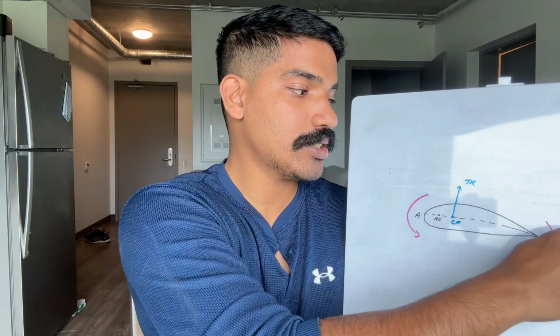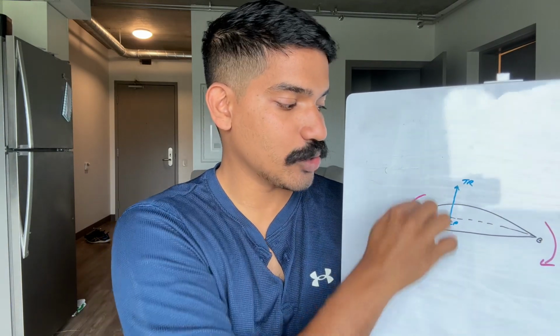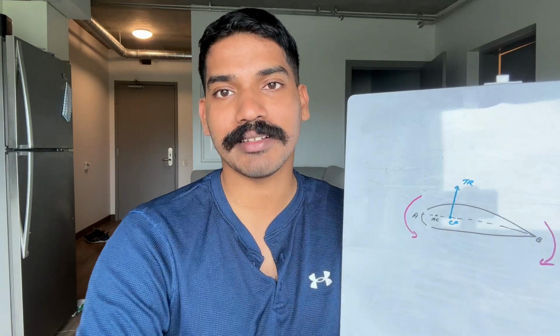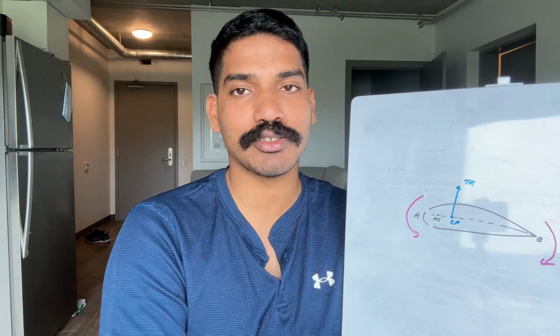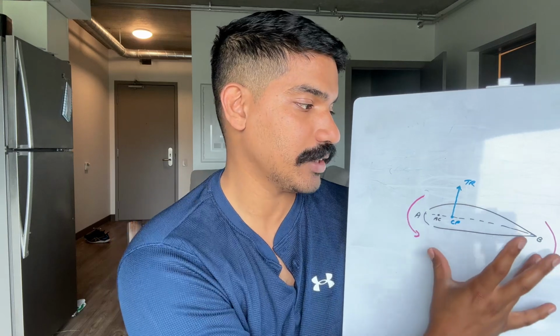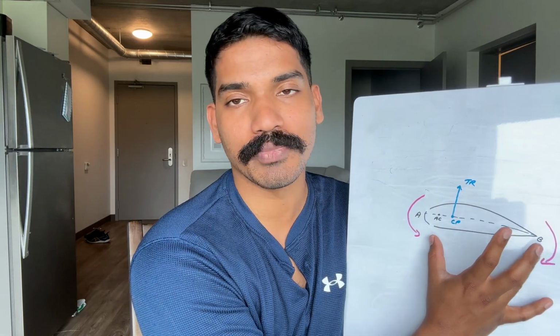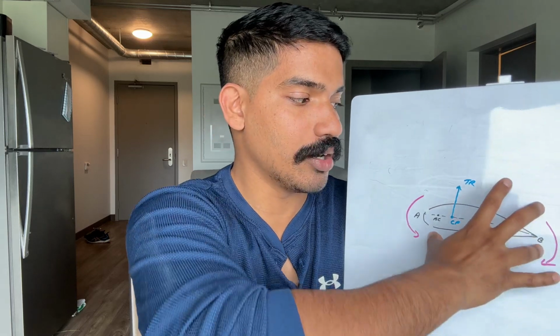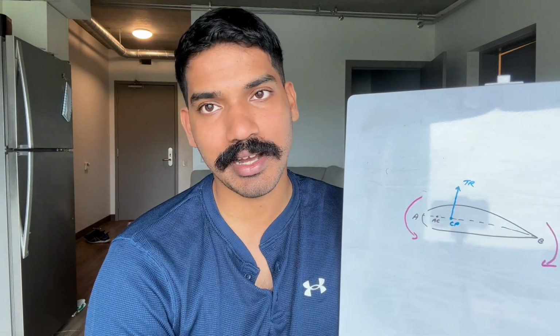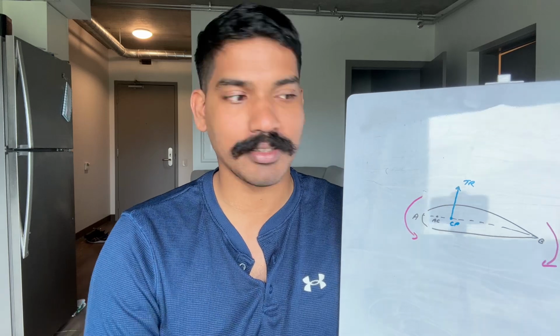So if this goes down, this will come up, right? And again, the angle of attack is being increased. So more or less, both the turning motions of these two points are cancelling out each other in one way or the other.